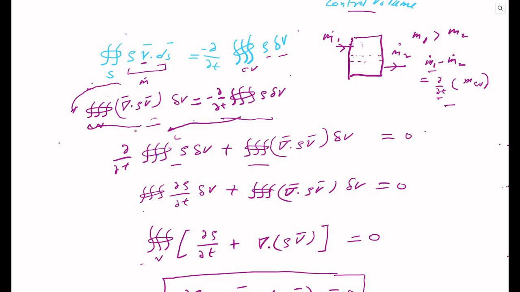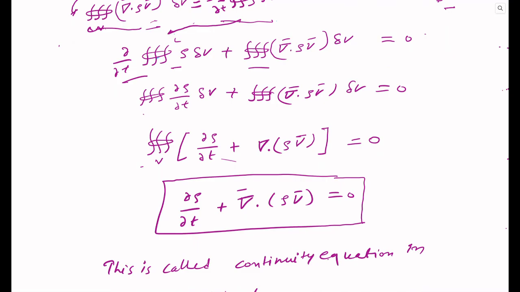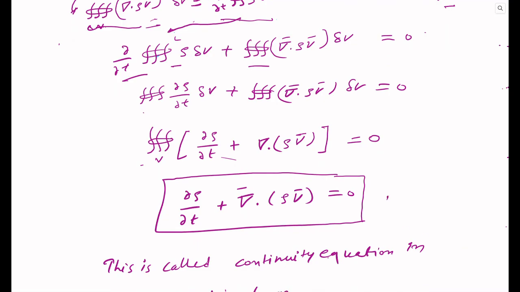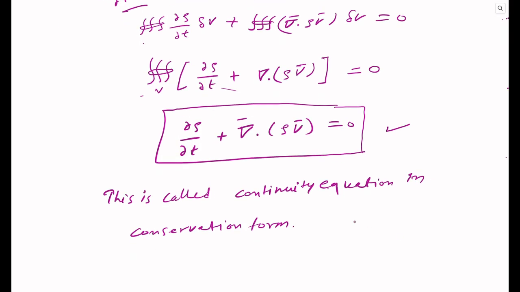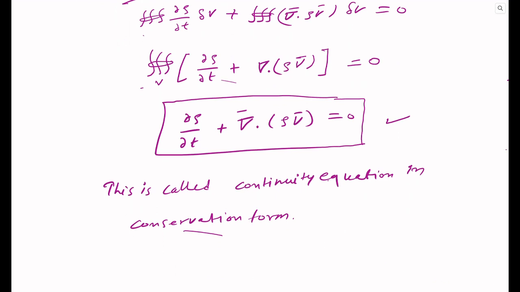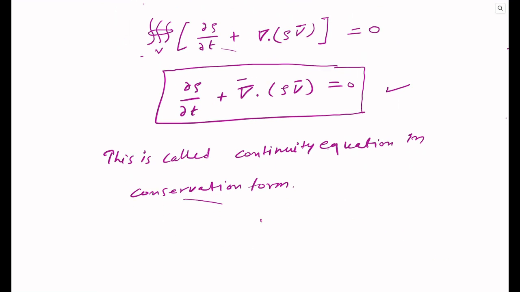So we can write this one, and we take the integration outside within the control volume. Finally, this is our continuity equation in conservation form, and the conservation form is the Eulerian approach.